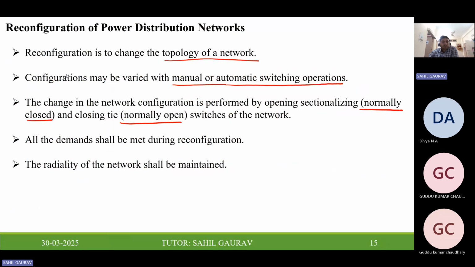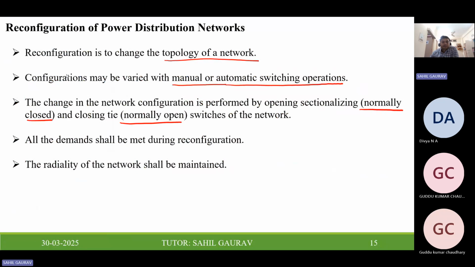Reconfiguration is changing the topology of a network. It may be performed by manual or automatic switching operation, by opening sectionalizing switches or tie line switches. Sectionalizing switches are normally closed, NC type, while tie line switches are normally open, NO type.